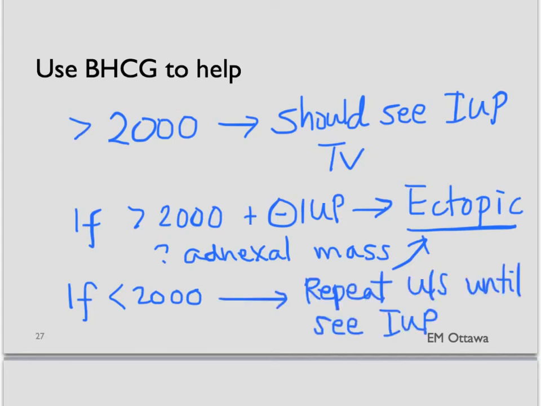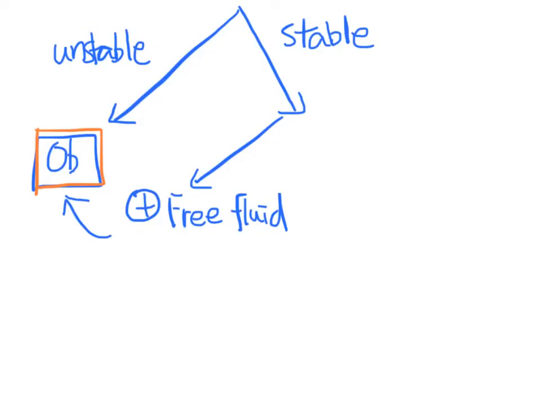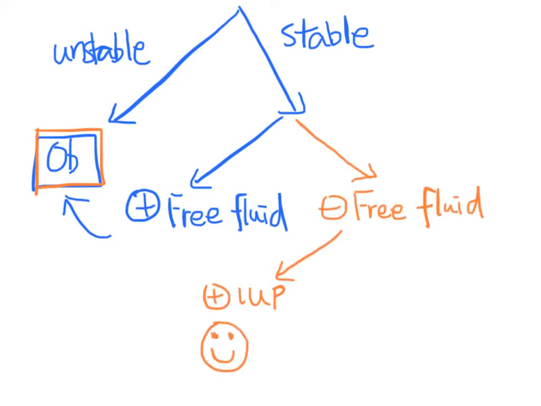Clearly, if they have worsening signs or symptoms or syncope, they need to come right back. Just to recap, an unstable patient or a stable patient with positive free fluid on the ultrasound needs to be referred right away. In the patient who is stable, who has no free fluid, a positive intrauterine pregnancy on the ultrasound in a patient who is not undergoing fertility treatment makes the risk of ectopic extremely low.